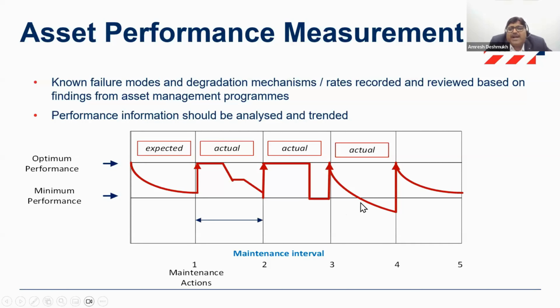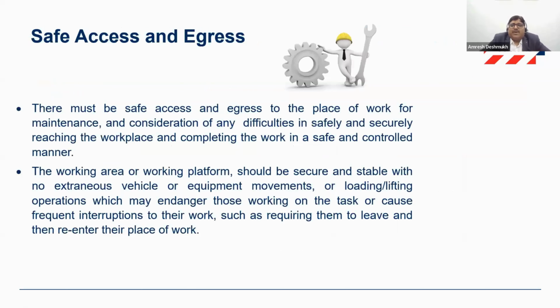Anything that goes below that would call for immediate maintenance or immediate shutdown, which can bring the equipment back to the safe state, and relook at the maintenance or preventive maintenance program that you have for that particular asset. Now, these are a few other things that one needs to be mindful of.